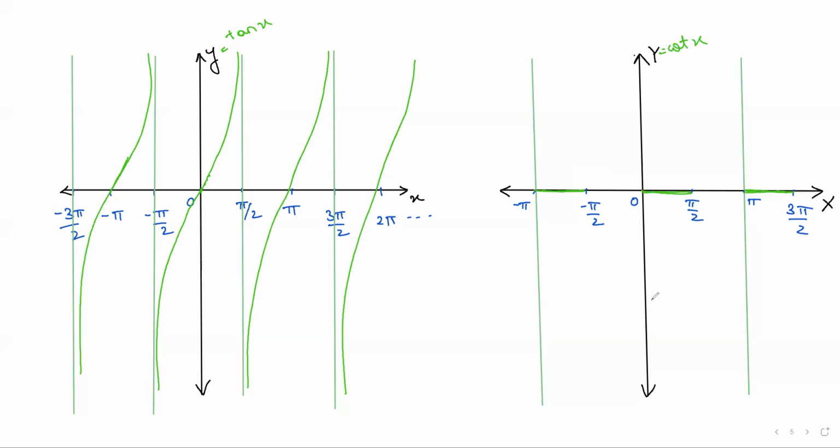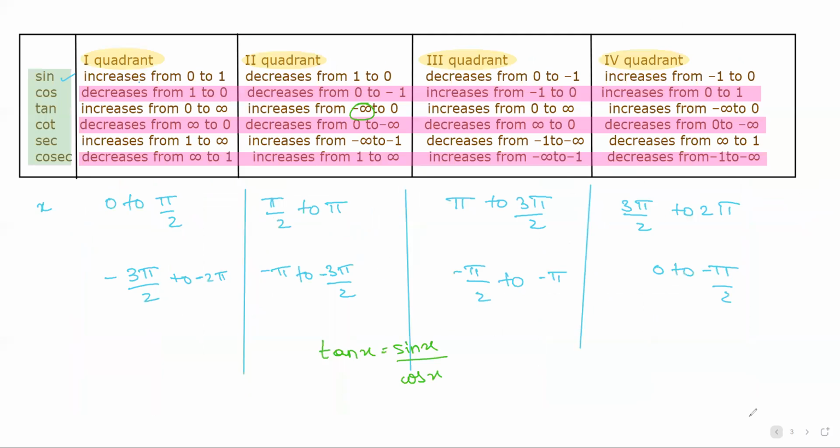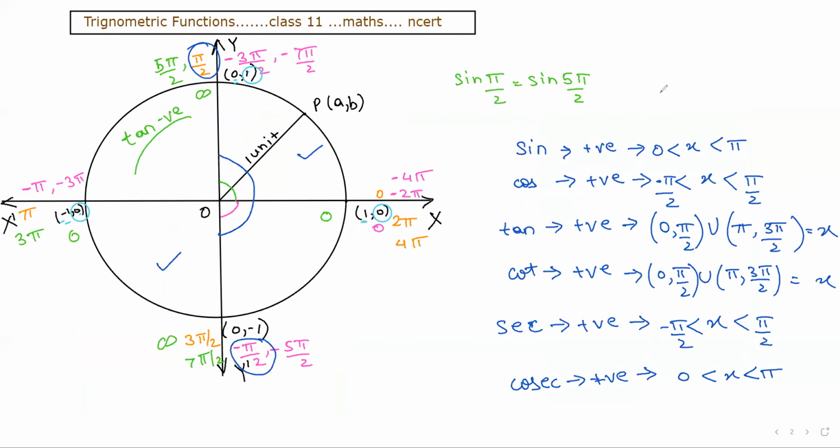In the rest of the quadrants, you need negative values. What happens from 0 to pi by 2? Let's write for cot now.